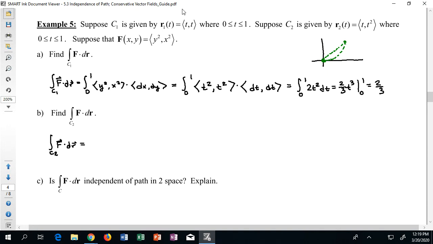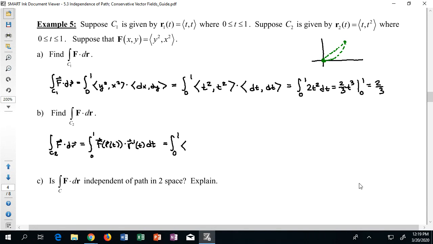So here, I'll think about replacing this again with something that we did in the previous section, which is I'll take my f and evaluate it at that value of r, and then I'll dot it with my r prime of t, and then put my dt at the back. What you'll notice is that I'm going to get the exact same sort of construction that I did up above. This time, though, I'm using the values from R2.